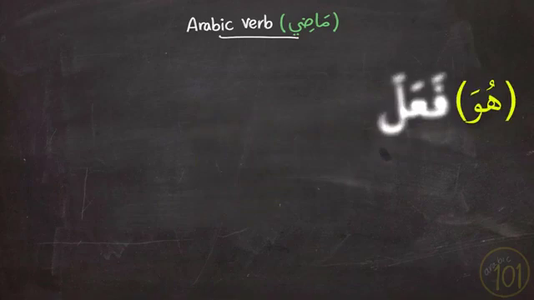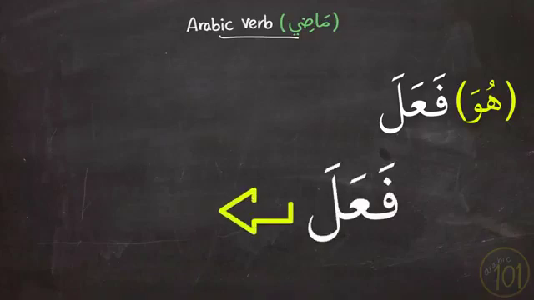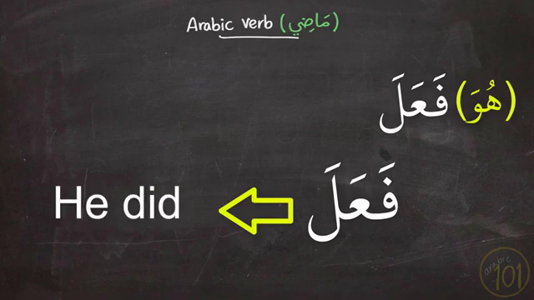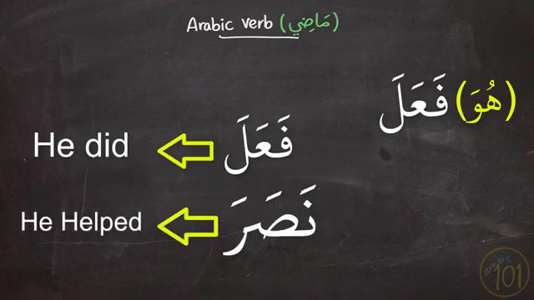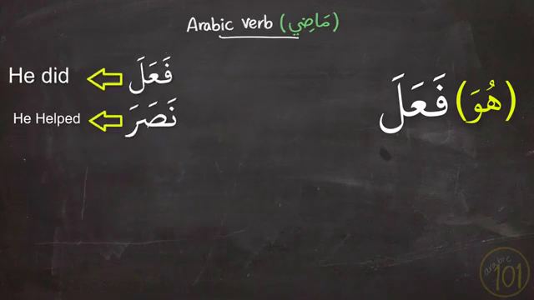And in this case, you don't have to add anything to the verb, because the verb as it is would also mean he did. So فعل means he did. And similarly, نصر means he helped.